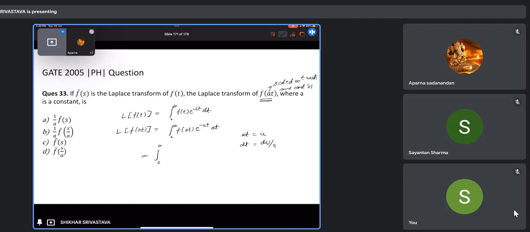So the integral from 0 to infinity of f of u exponential minus s times u by a, and then du by a will come.